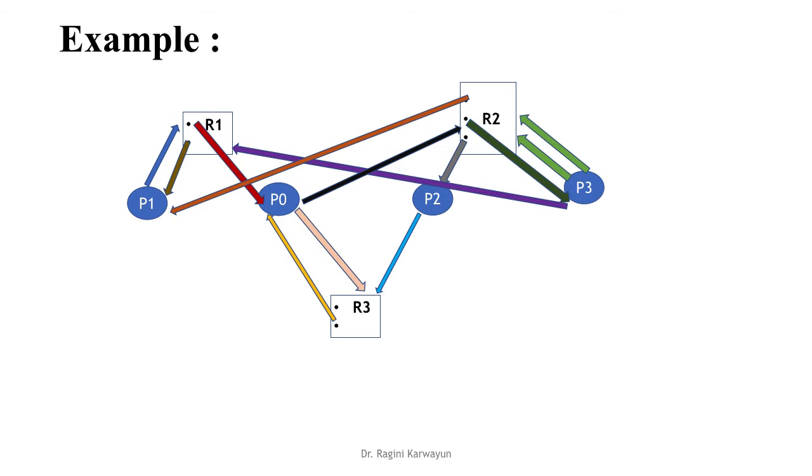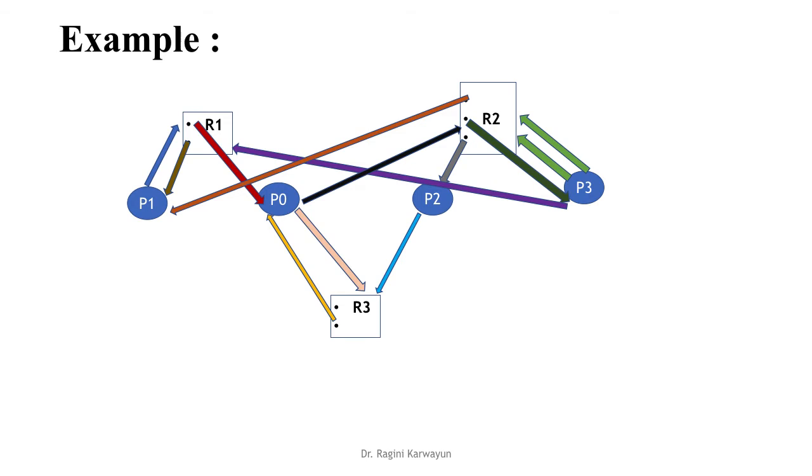Now see, we will check whether a process has only incoming edges or not. In this, P0 has two incoming edges and one outgoing edge, and the outgoing edge goes to a resource that has no free instance. Similarly, P0 is also requesting an instance of R2, and no instance of R2 is free.